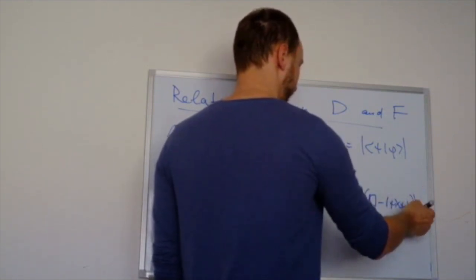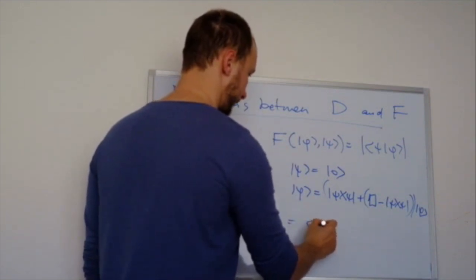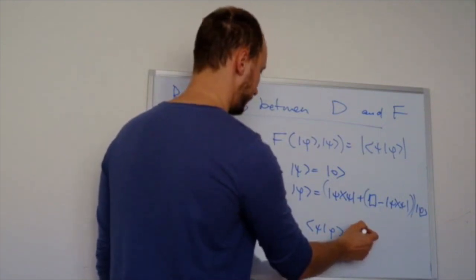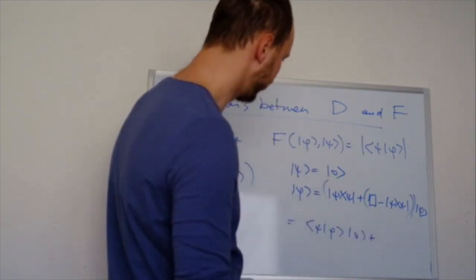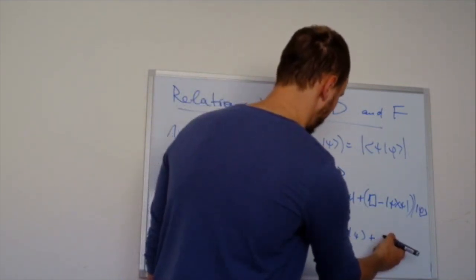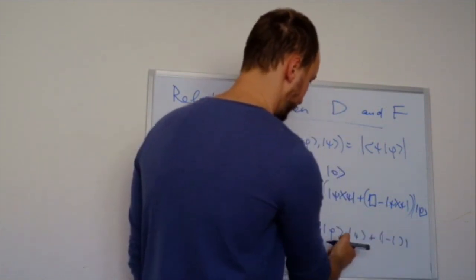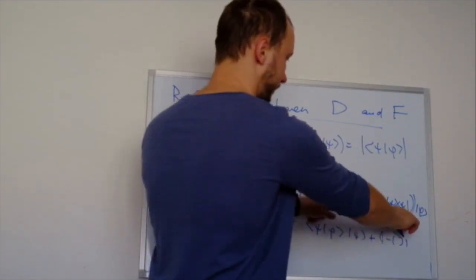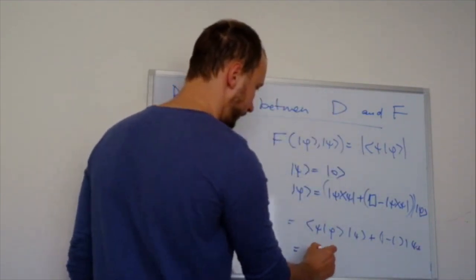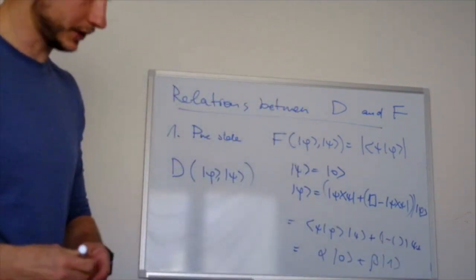So we apply it on phi. Then we get something like the overlap of psi and phi times 0 of psi, plus the rest. So plus 1 minus this thing. This will be some orthogonal state, obviously, because we subtract all the parts along this direction. So we get something like psi orthogonal with some coefficient. In other words, it's just some alpha 0 plus beta 1, an orthogonal part. Okay.